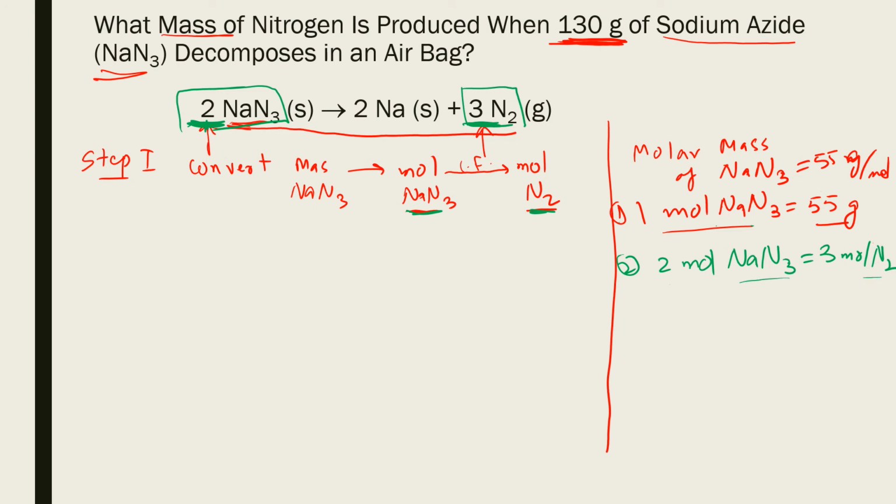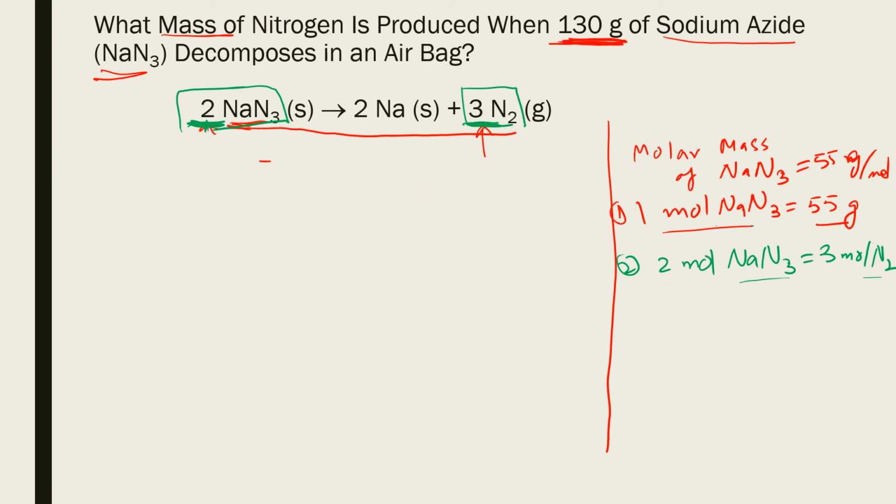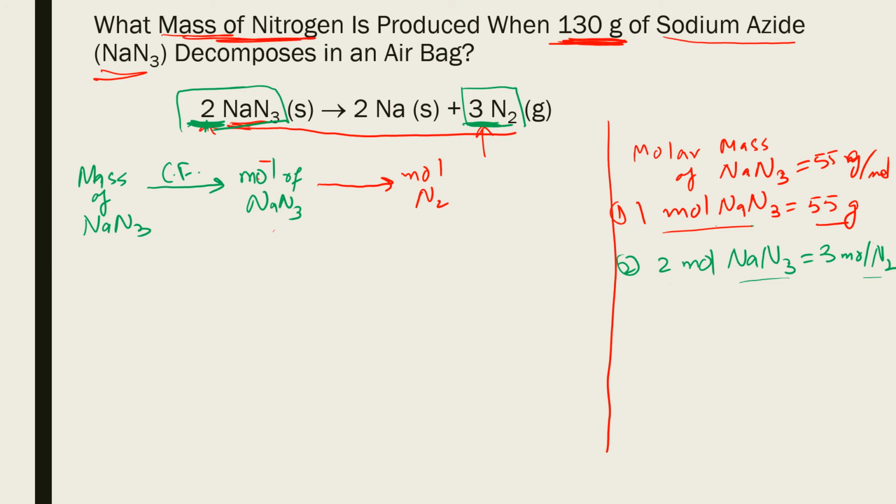Okay, so let me just write this cleanly. We start with the mass of sodium azide, and then we convert the mass to moles of sodium azide, and we're going to need a conversion factor here. After you convert mass of sodium azide to moles of sodium azide, then we need to convert moles of sodium azide to moles of nitrogen. Why? Because that's what we want to find, nitrogen, right?